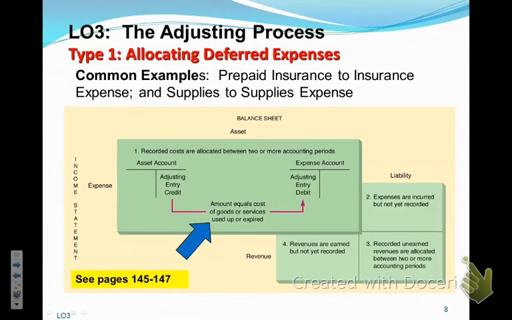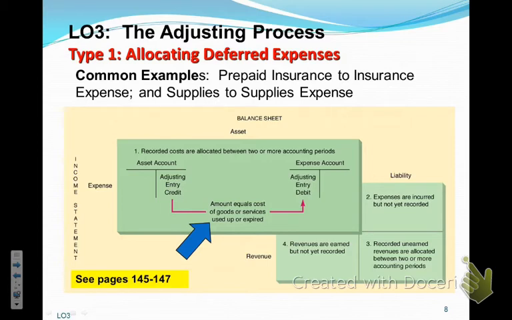Now let's go through the adjusting entries that would take place. So common examples in type 1, allocating deferred expenses. Common examples would be prepaid insurance to insurance expense and supplies to supplies expense. So these would be examples of where we're saying we have an asset that has yet to be allocated to an expense, and now we're going to do the adjusting entry to reflect that.